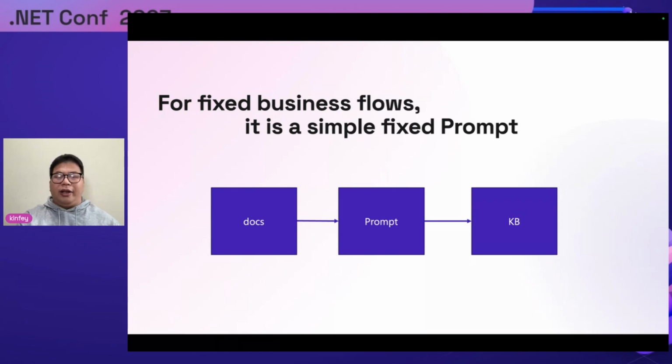Here, you can read a document using prompt flow and get the knowledge base. You can see the business flow is a very simple prompt. It lets you split the tasks or steps.